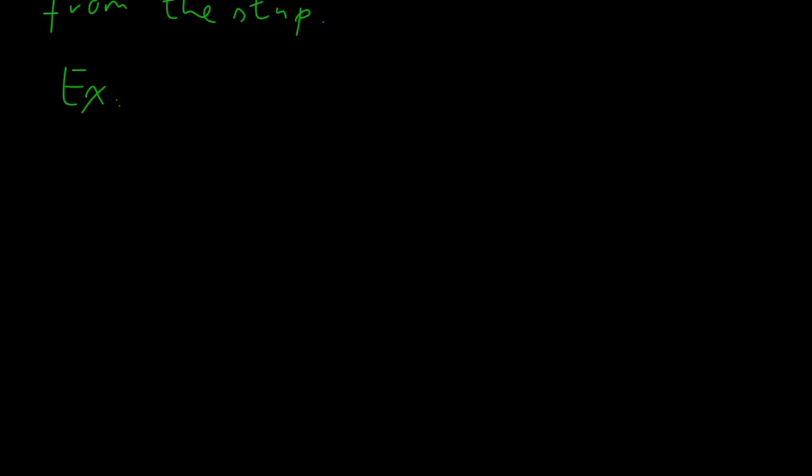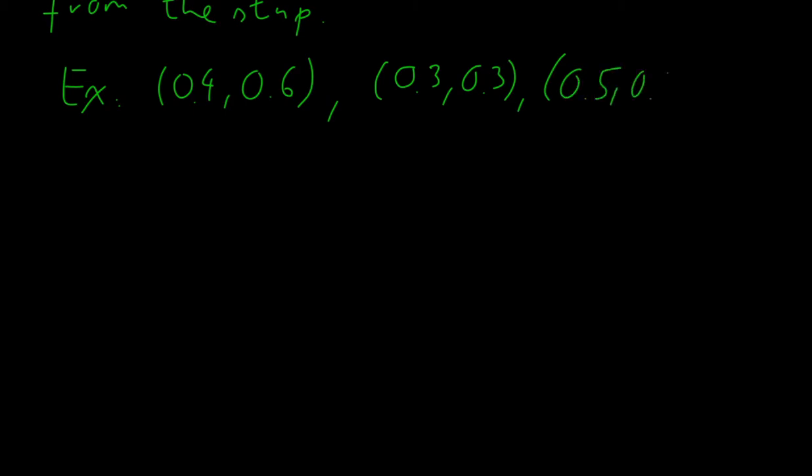So if the input is a sequence of rectangles, say 0.4, 0.6, this means that the first rectangle has the width 0.4 and the height of 0.6, and then comes another rectangle 0.3, 0.3, and then comes the third one 0.5, 0.4, and then comes 0.5, 0.7, and then comes 0.7, 0.1.